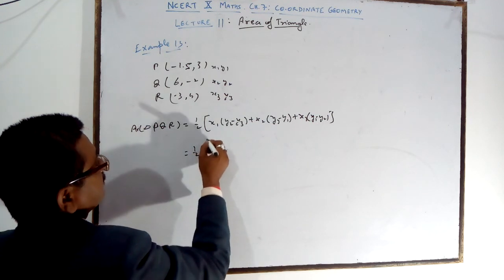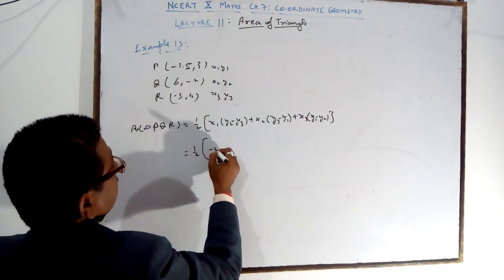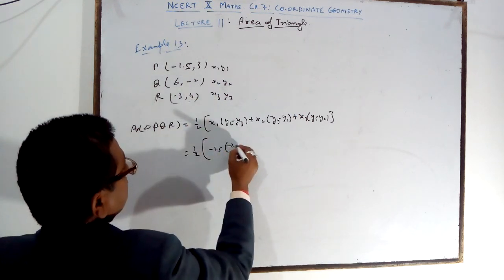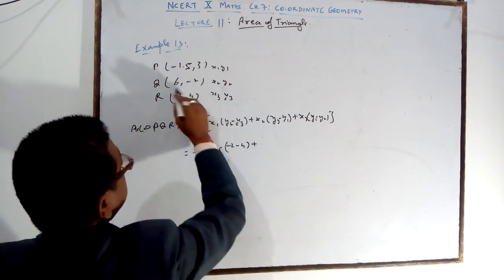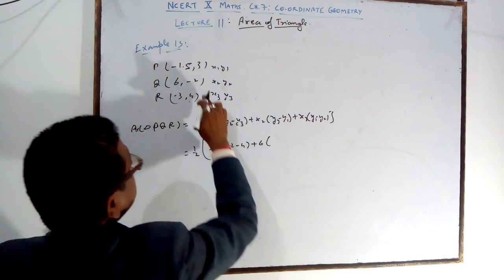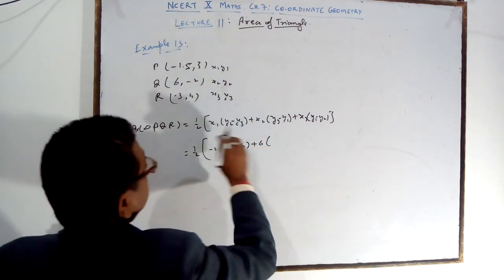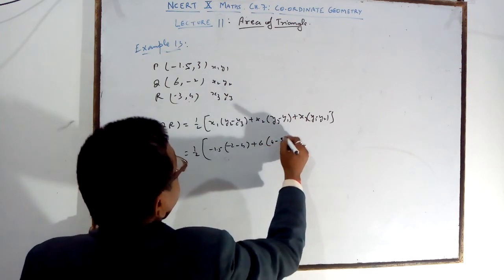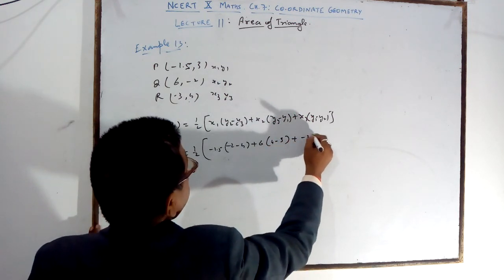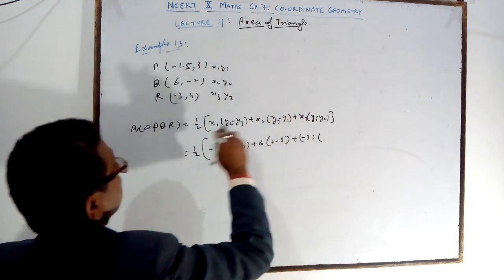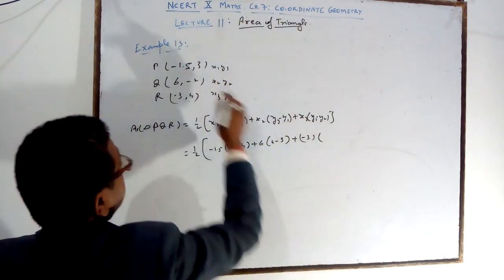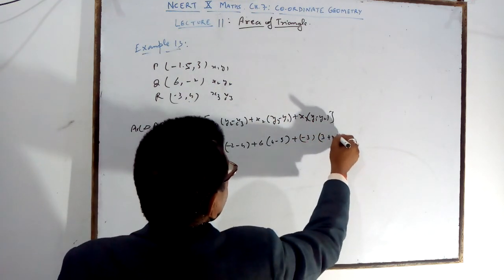Half, what is the x1? Minus 1.5, y2 minus y3, that is minus 2 minus 4, plus x2 which is 6, y3 minus y1, 4 minus 3, plus x3 which is minus 3, y1 minus y2, 3 minus minus 2 means 3 plus 2.